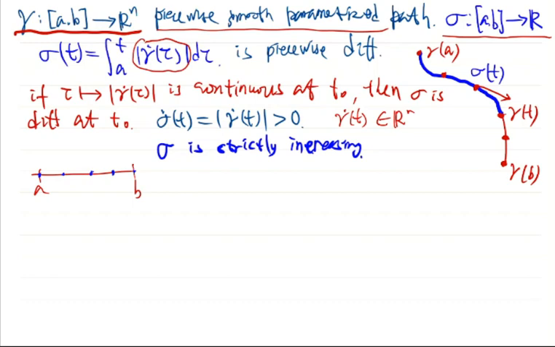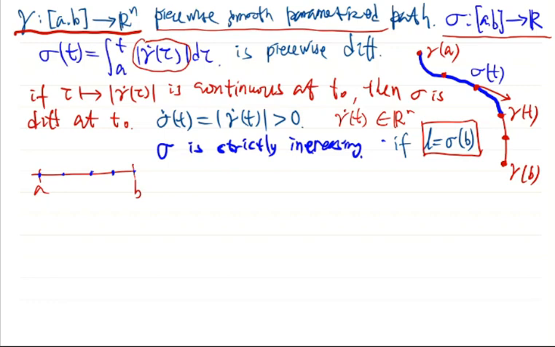Therefore, if the value of sigma at the point b is L, this L is precisely the length of our curve gamma, right? This L, that is the value of sigma at t equal to b, is the length of our parametric path gamma.